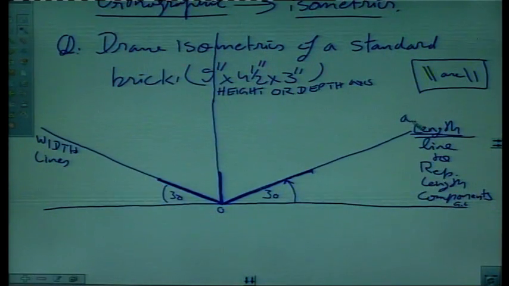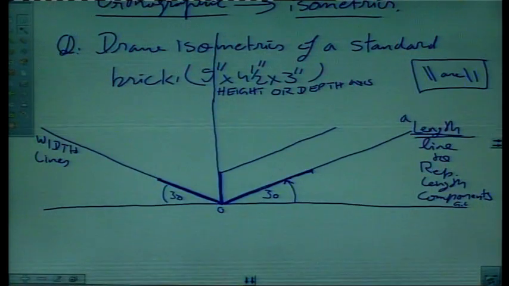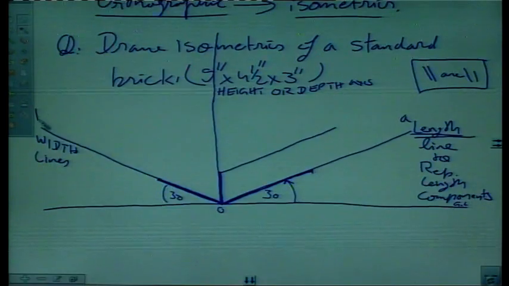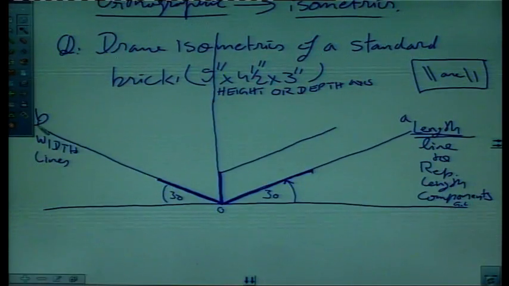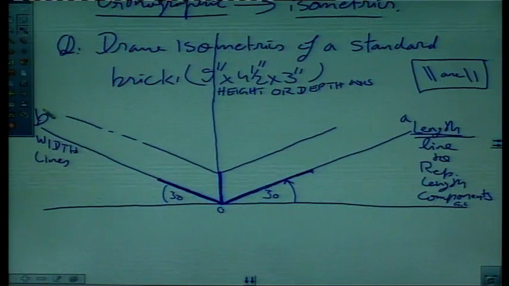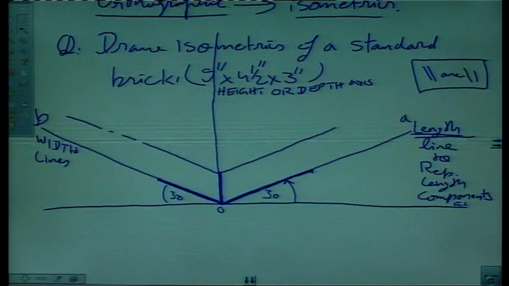Draw a line parallel to line OA like this, in guidelines. And on the width side also, say this is B, OB, draw a line parallel to line OB like this in guidelines. We can draw these lines with 30-degree angle with T square or parallel bar or set square. As this is 30, this angle will also be 30.